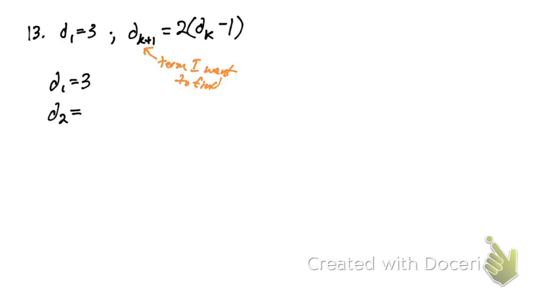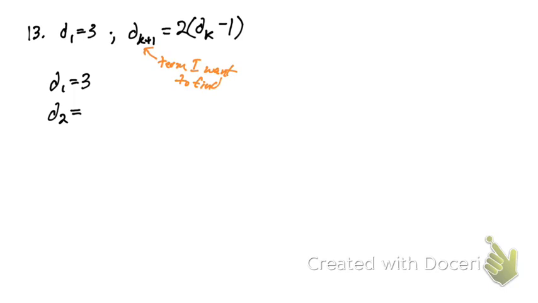Well, right now, I want to find d sub 2. So if this is the term I want, then d sub k is 1 less than the term I want, because k plus 1 is definitely 1 bigger than k.